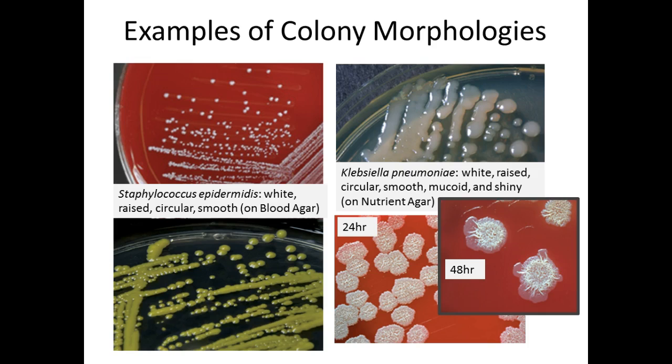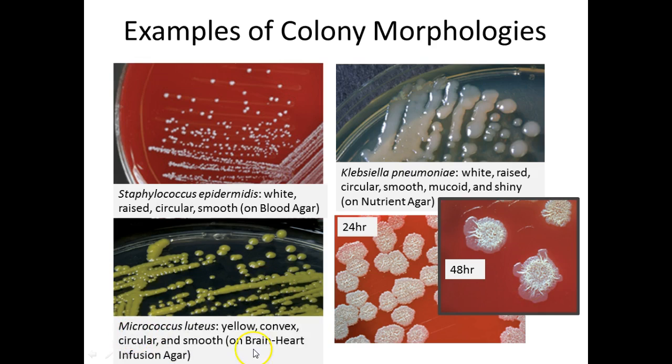Mucousy and shiny. And then, of course, Micrococcus luteus is yellow, right? The term would be convex. They're circular, they're smooth. This media happens to be brain heart infusion. And then, of course, this is another blood agar.